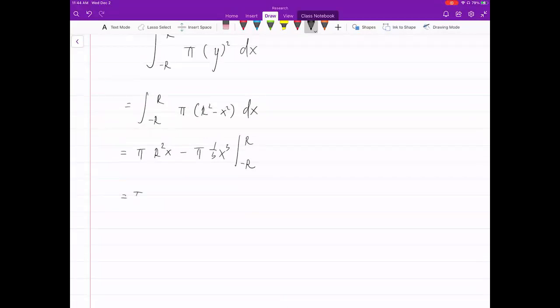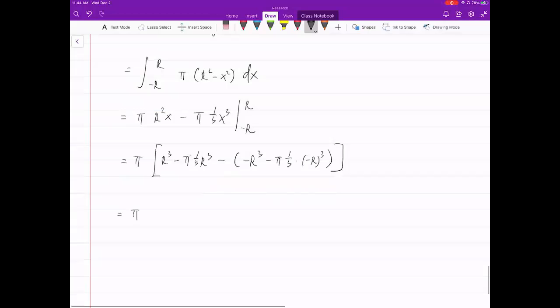Let's take pi out. r cubed minus 1/3 r cubed, minus negative r cubed minus 1/3 negative r cubed, which is r cubed.